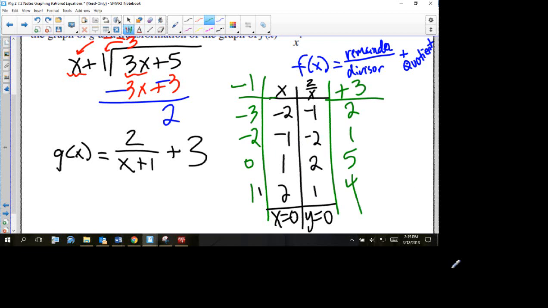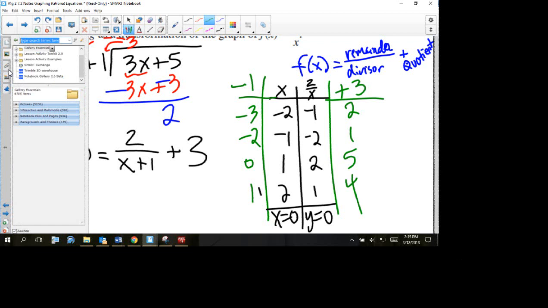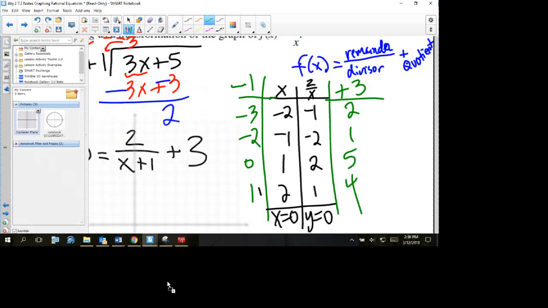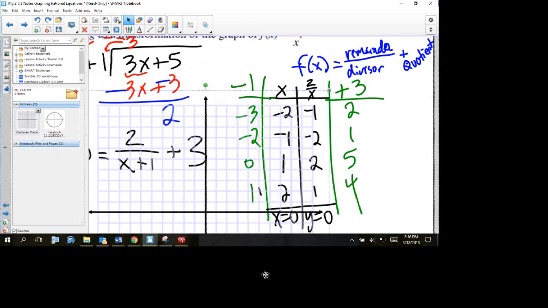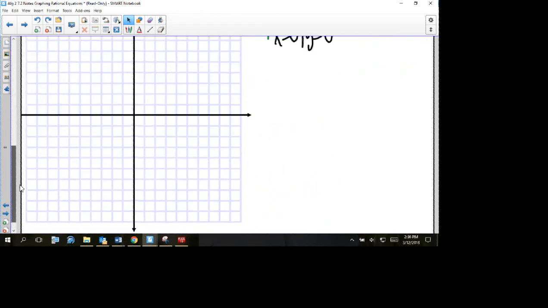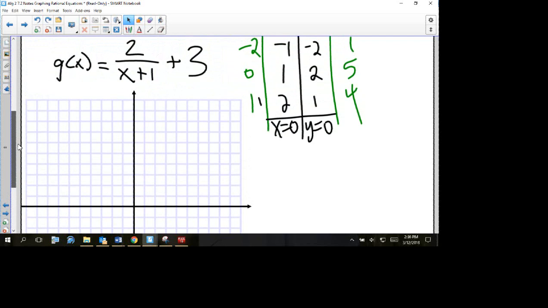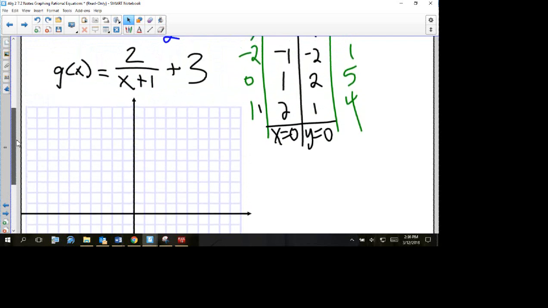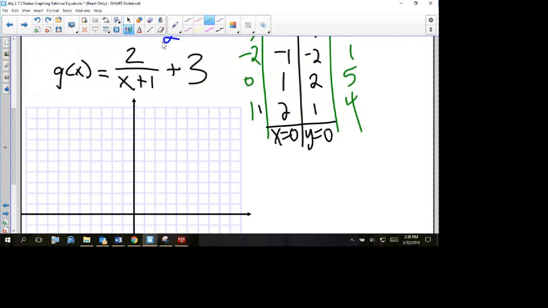And you guys have a graph to plot it? Let's pull my graph up. Oh, I forgot to write my asymptotes.